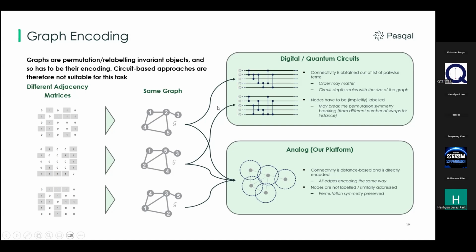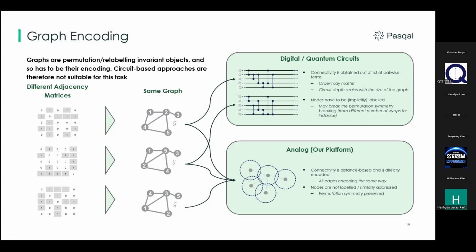So there is a natural advantage for using an analog neutral atoms-based implementation. However, it is not prohibitive. You can still rely on other techniques to use other implementations.